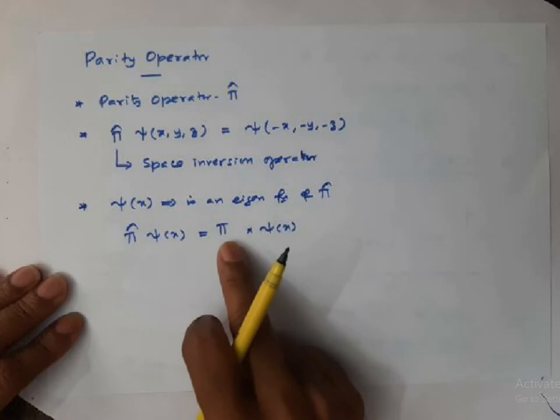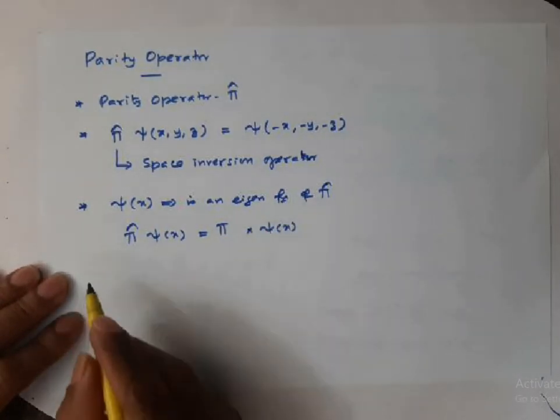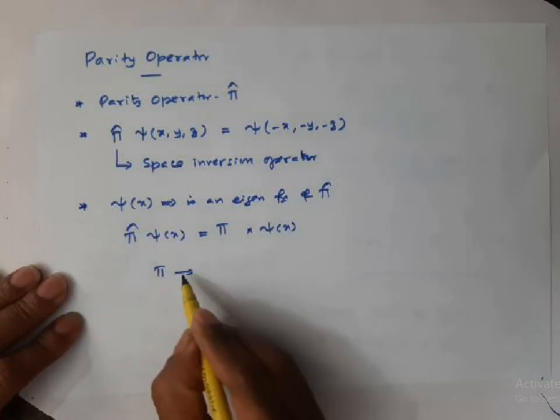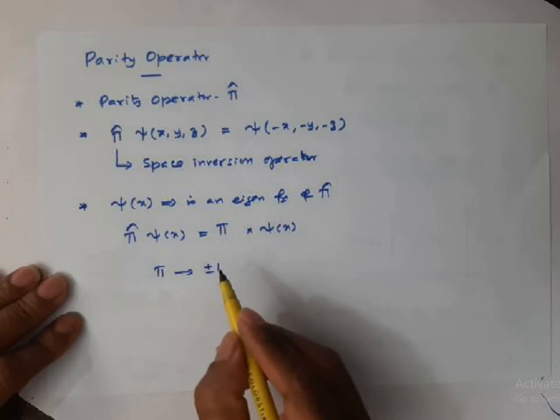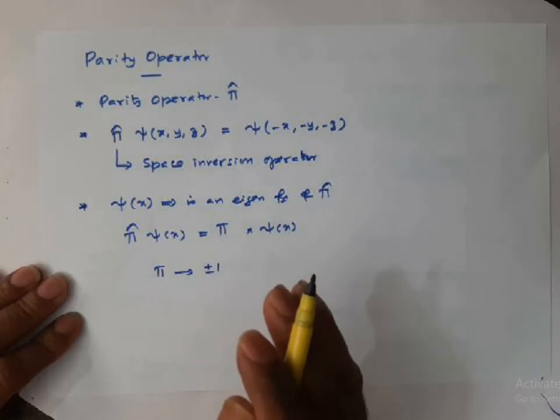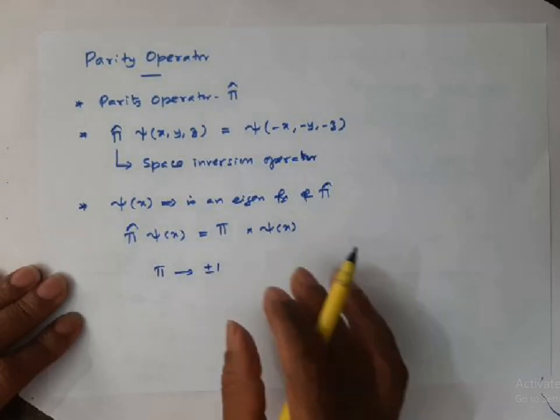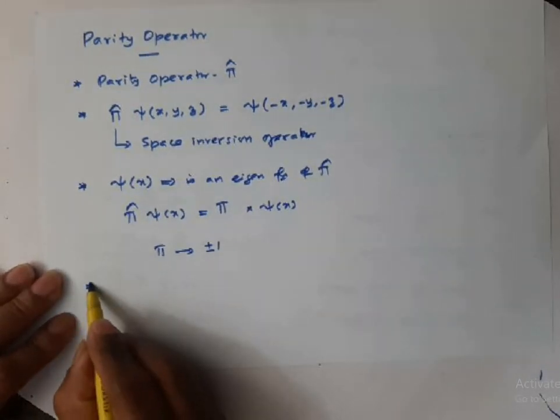What are the possible eigenvalues for a parity operator? The parity operator actually takes only two possible eigenvalues. One is +1, the other is -1. Only two possible eigenvalues exist for the parity operator. What is the proof? The proof is this.